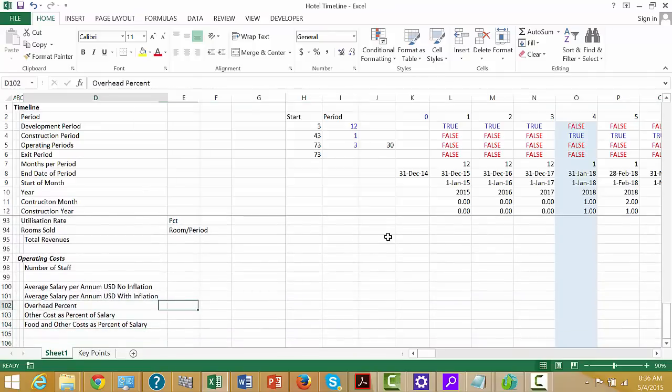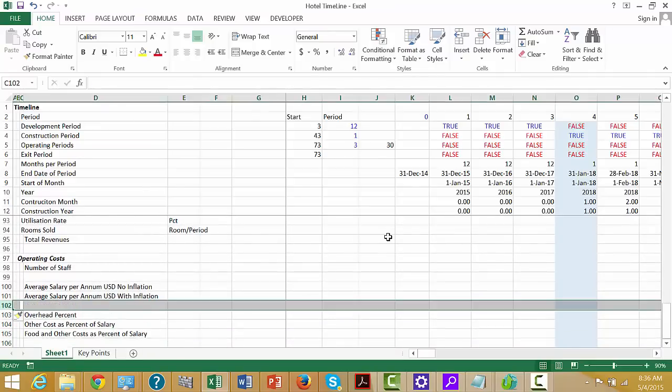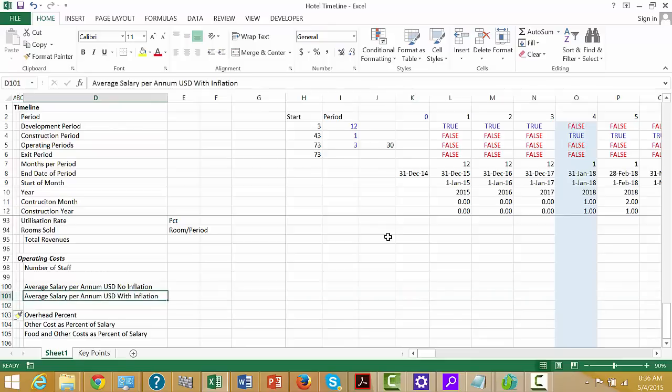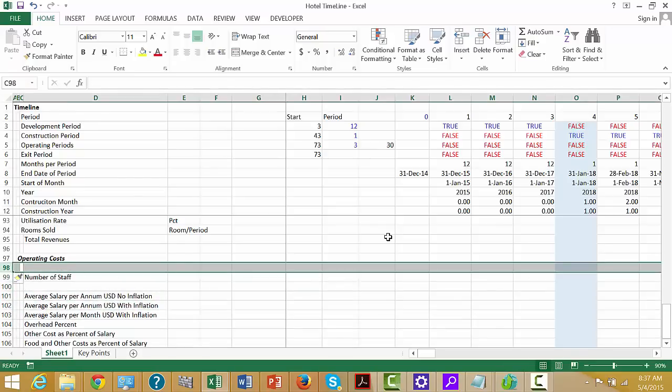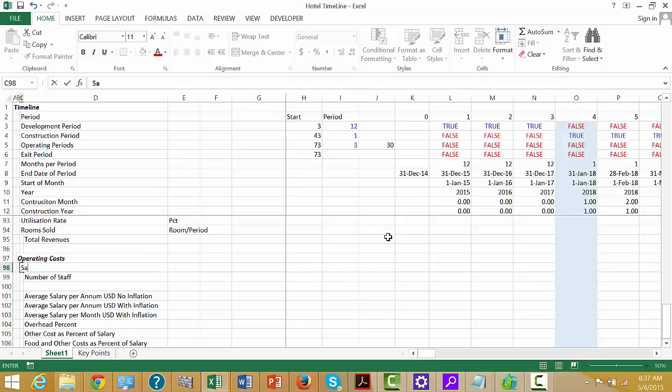Instead of average salary per annum, we can put it per month. And then we can put all of these things in. Maybe we start with salaries.